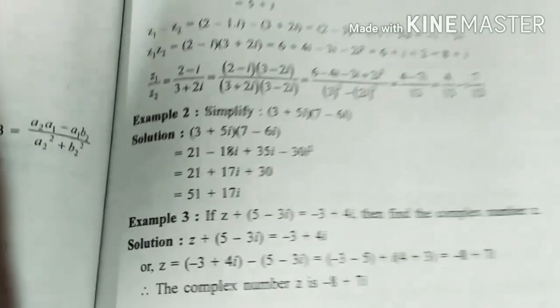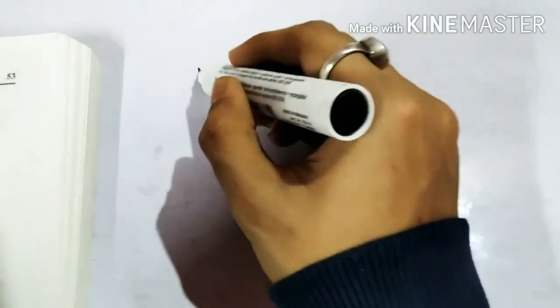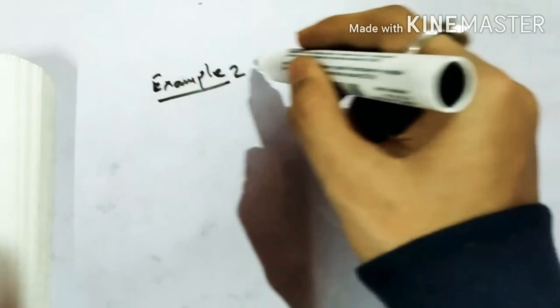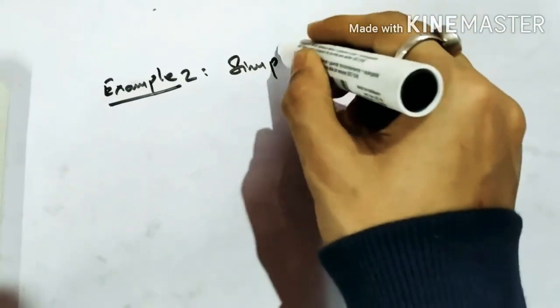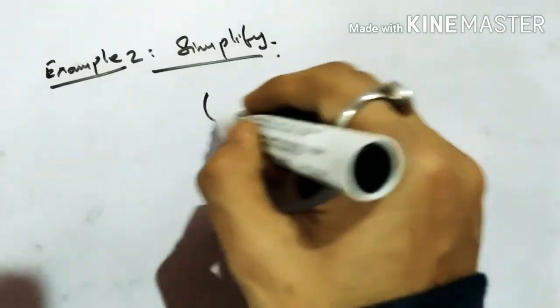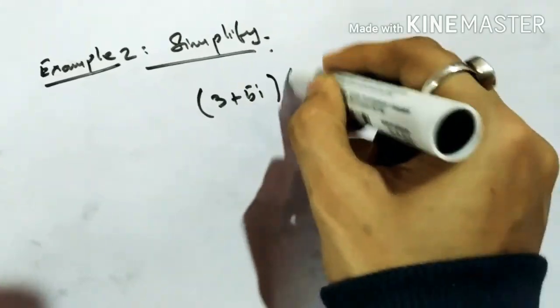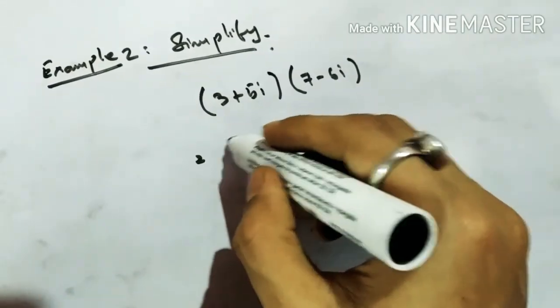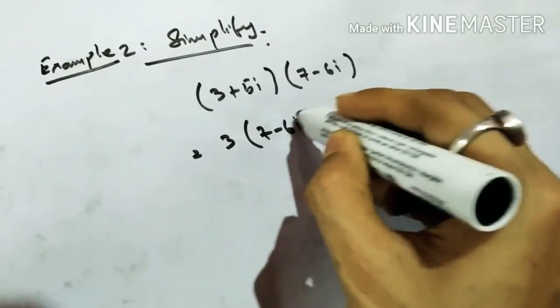Example 2, simplify (3 plus 5i)(7 minus 6i). So this one, let us multiply it.